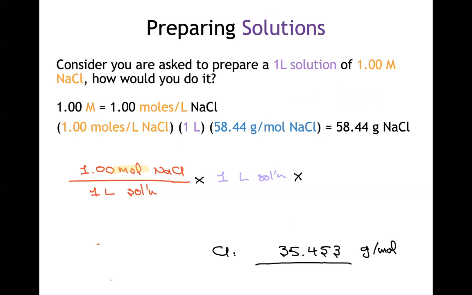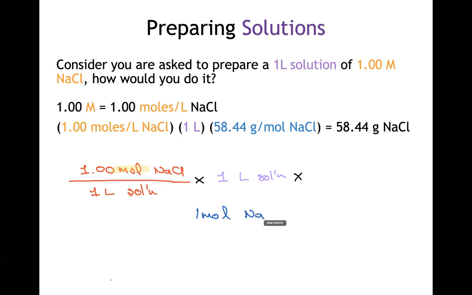And if we do so, we'll get the mass, or the weight, of sodium chloride that we need. Okay, so we're going to multiply. Well, molecular weight, think of it as a ratio. We could say that we have 1 mole of sodium chloride per 58.44 grams of sodium chloride.